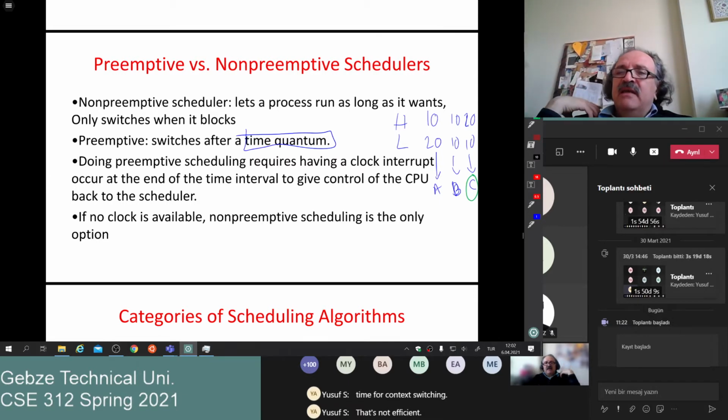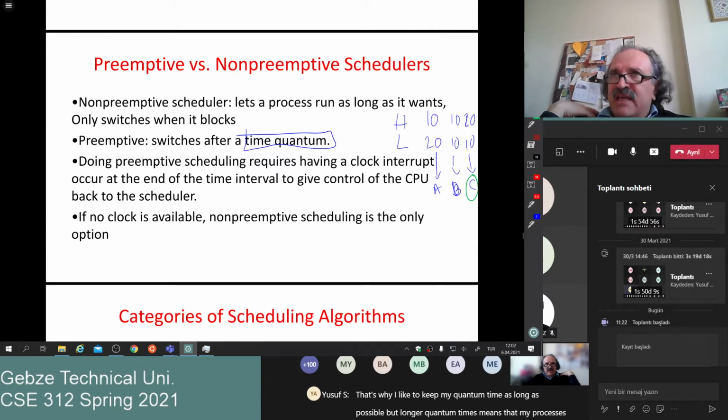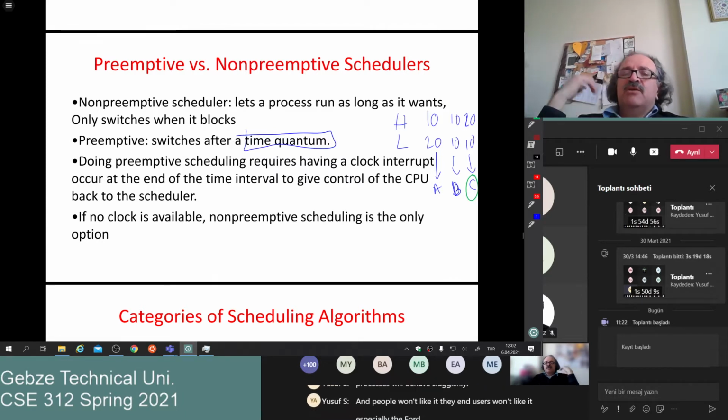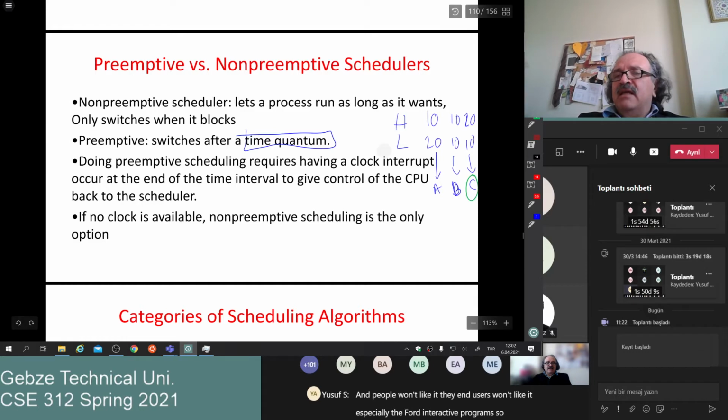That's why I like to keep my quantum time as long as possible. But longer quantum times mean that my processes will behave sluggishly and the end users won't like it, especially for the interactive programs. So assign large, long quantum times for the low priority tasks.